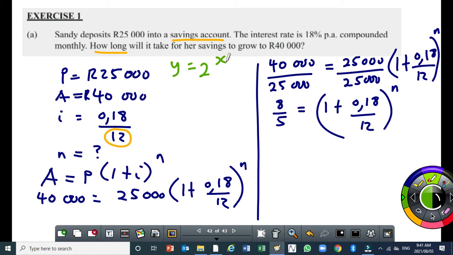I told you that the base of the exponential is the base of the logarithm. So x will be equal to the logarithm to base 2 of y.